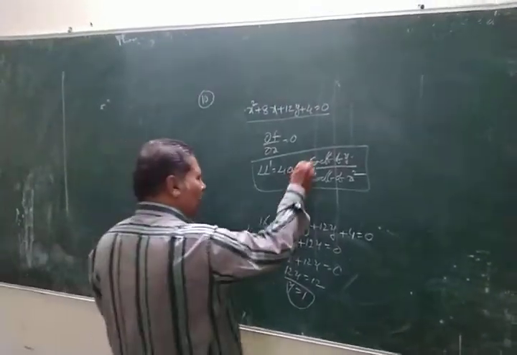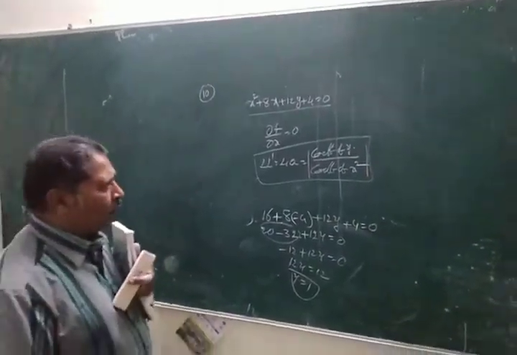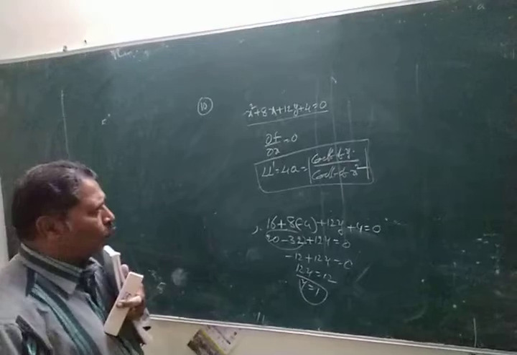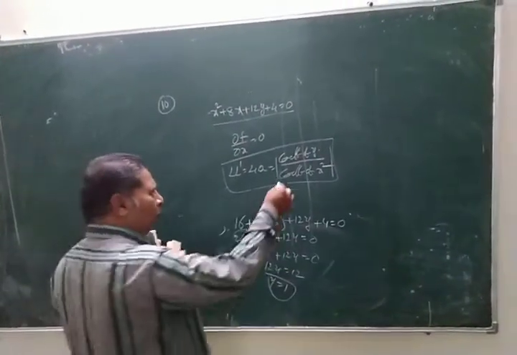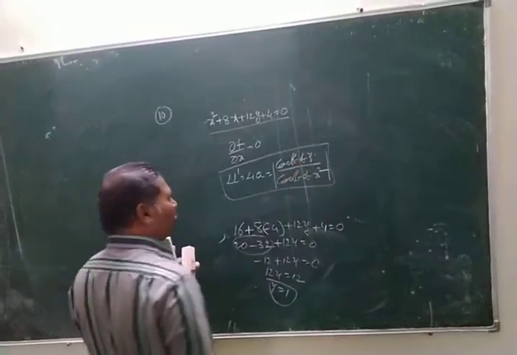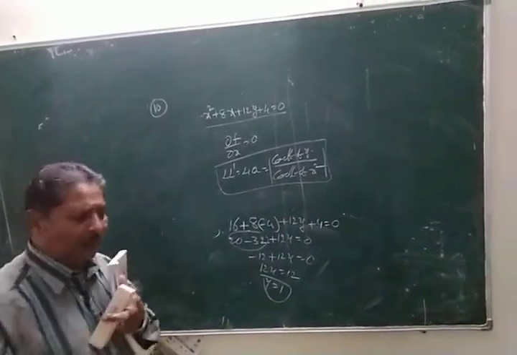The length of the latus rectum 4a equals the modulus of the coefficient of y divided by the coefficient of x square.